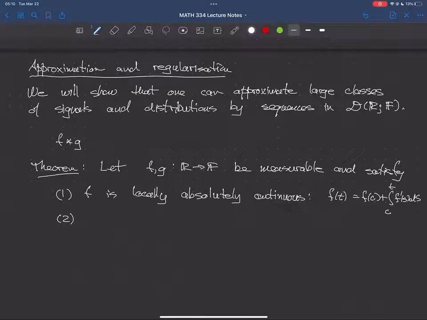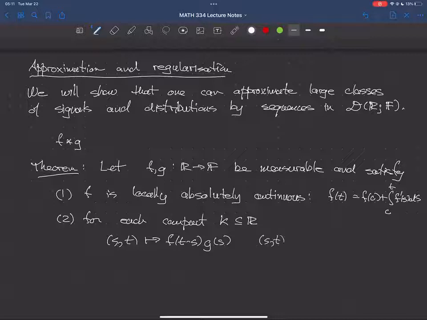Okay, and for each compact K in R, these two functions now, s and t map to f of t minus s, so the argument of the convolution integral of f and g, and the other one is the argument of the convolution integral of f prime and g.